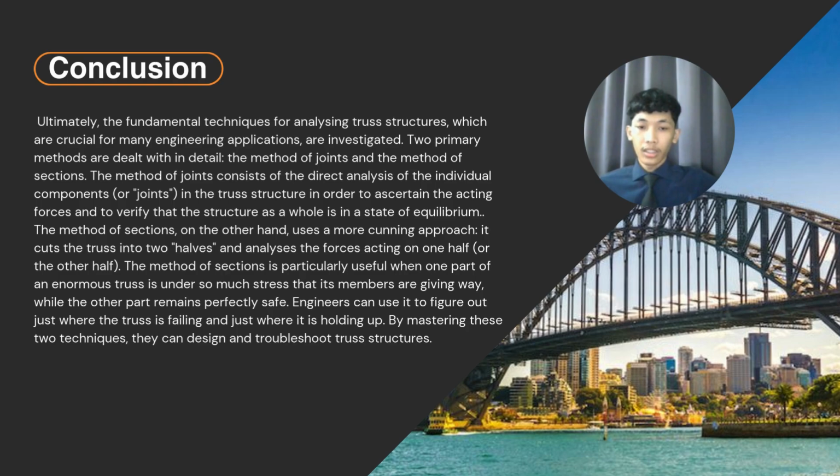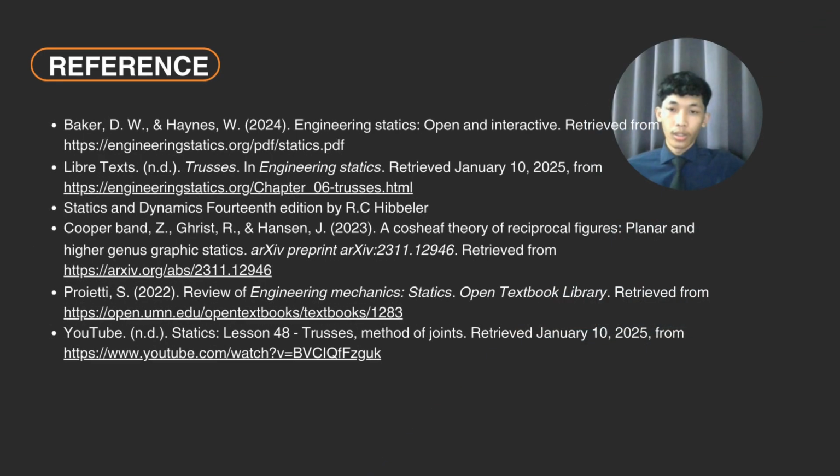It allows engineers to pinpoint exactly where the stress is concentrated and identify weak points in the structure. By mastering these two techniques, engineers can design and troubleshoot truss structures more effectively, ensuring safety and stability in their applications.